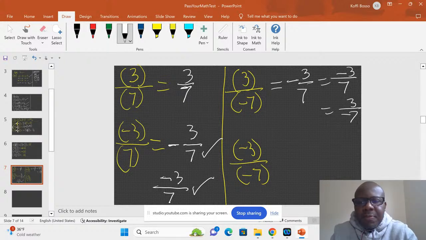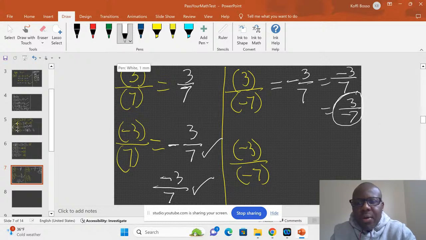So the thing is this, you do not see things like this in the book, because for 3 divided by negative 7, usually they will move the negative sign in front of the bar or give it to the numerator. So that is a way to rewrite the fraction with the sign. It's not that it's wrong, but to make it nice and conform to everyone. So that's why we see the sign in front of the bar.